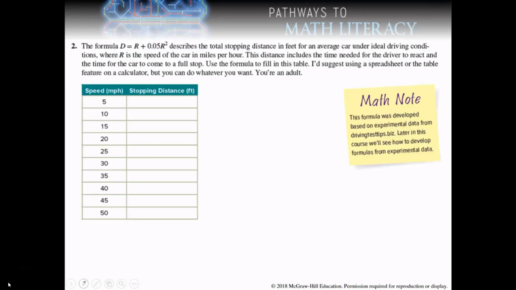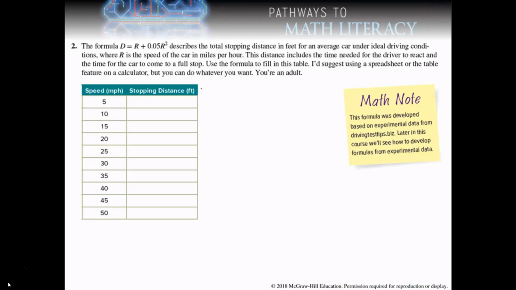In 2, we're given the formula for stopping distance based on a speed. So they're using R for speed and D for stopping distance. We're going to use this formula, D equals R plus 0.05 R squared, to fill in this table. And a graphing calculator or a spreadsheet would be really helpful.